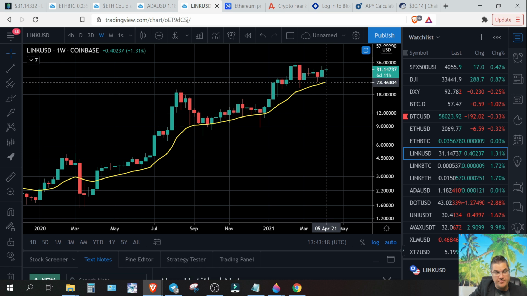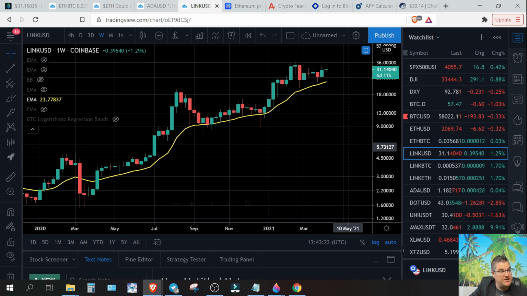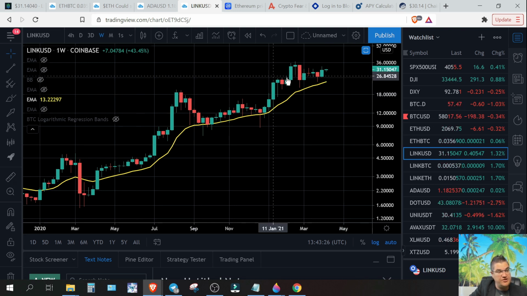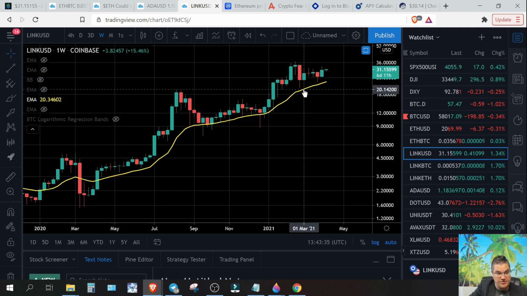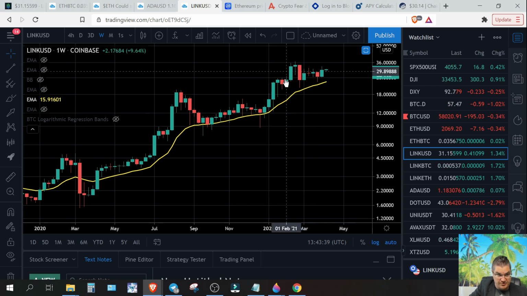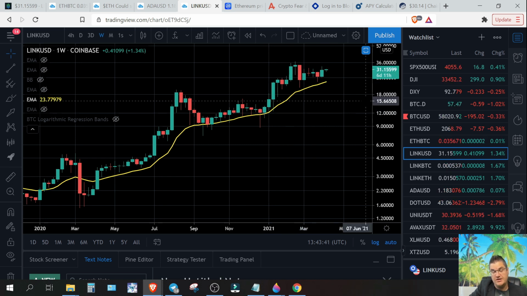So if we ever were to come back down, that is moving up by the week as well. Let's see what it's currently at. 23.77. So that will slowly continue to rise as long as prices don't capitulate like this. But even this kind of move barely flinches this 21-week EMA. And this line is just an average of the previous 21-week candle prices.